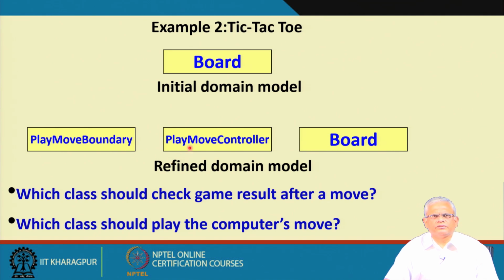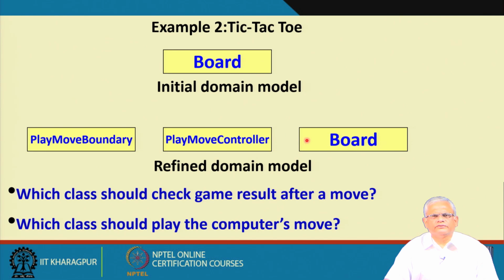What about the play move controller? The controller also does not have the necessary information. If we have this solution where it computes the check game result, then it would need to get all the information from the board, and that will lead to high coupling, because coupling is not only a method invocation, but how much information flows between two objects.